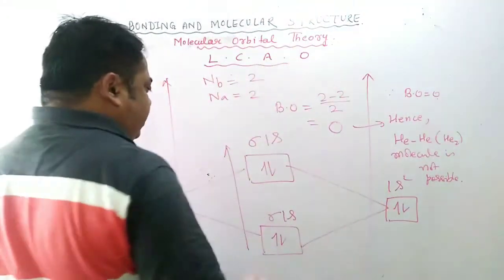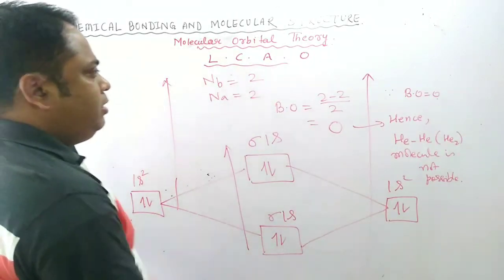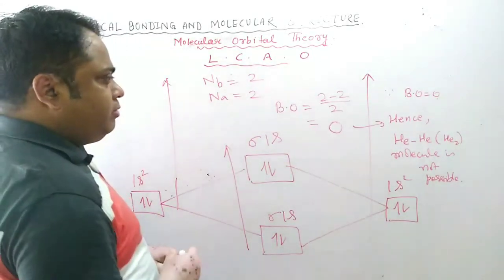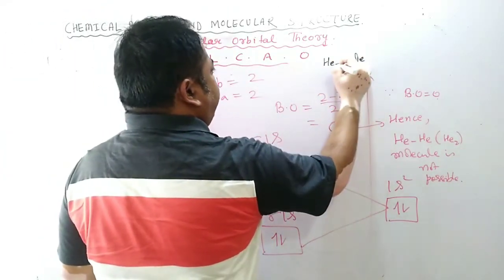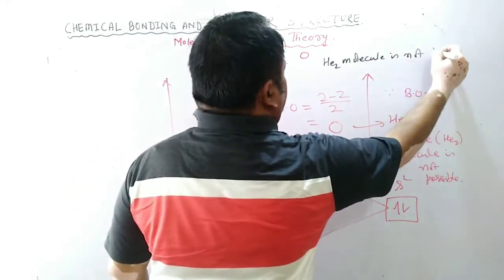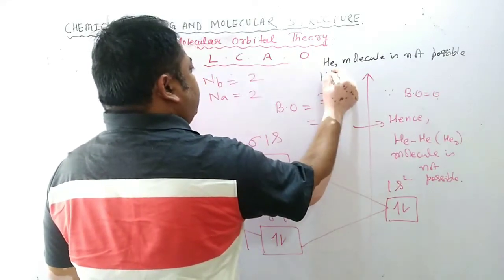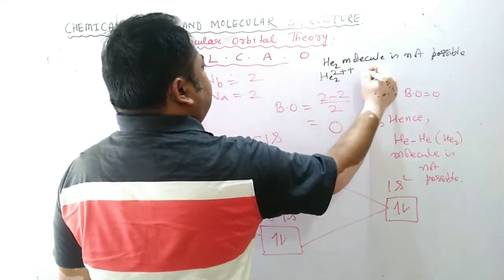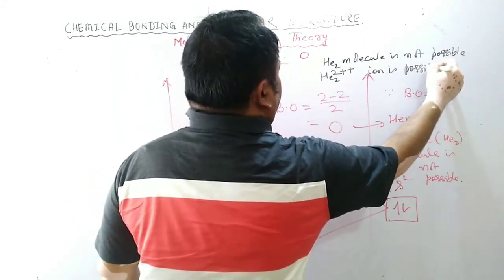But what if I take out two electrons? If I take out two electrons, then we will be forming the He2 plus ion. So the He2 molecule is not possible, but the He2 plus ion is possible. Why?